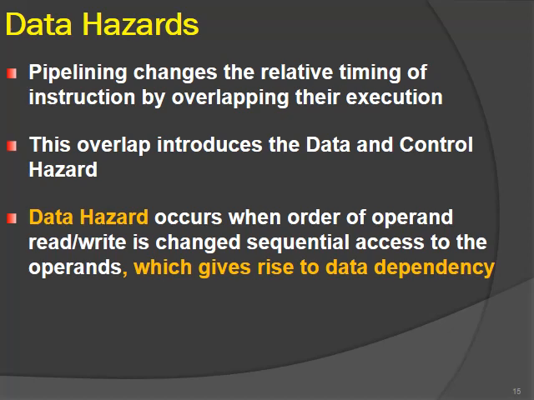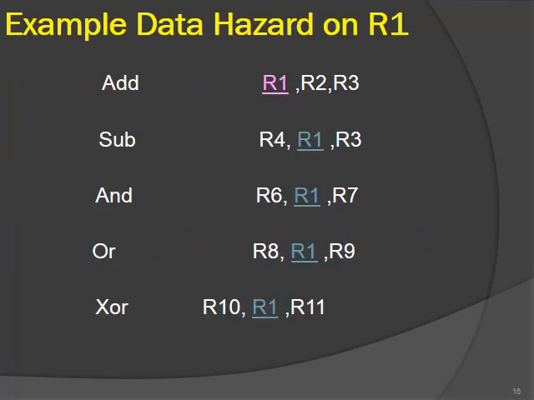It also gives rise to data dependency. This is an example of data hazard. If we are explaining the data hazard for the R1 register, in all the instructions, the R1 register is common.